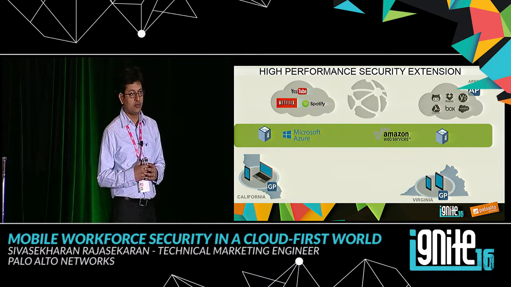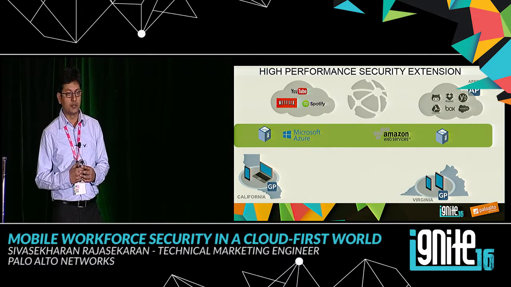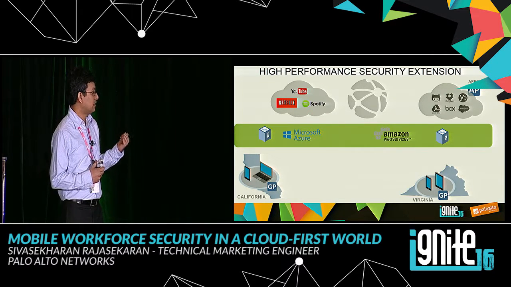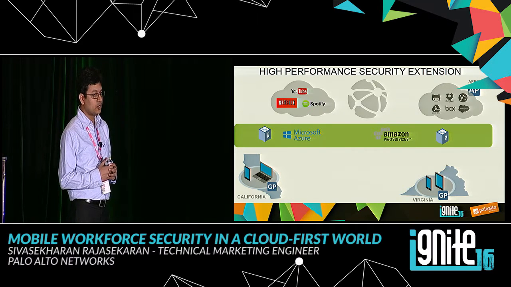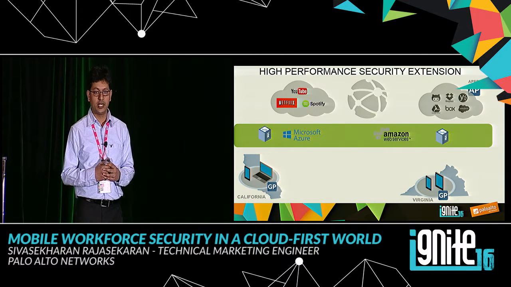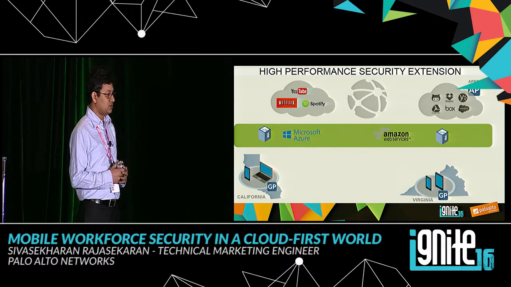So what does that achieve by deploying a VM series firewall in the public cloud? Let's assume a scenario where there are a number of users in California, and what I would want to do for these users is I would deploy a gateway in AWS in NorCal region, and all the users in California would get connected to this VM series firewall.